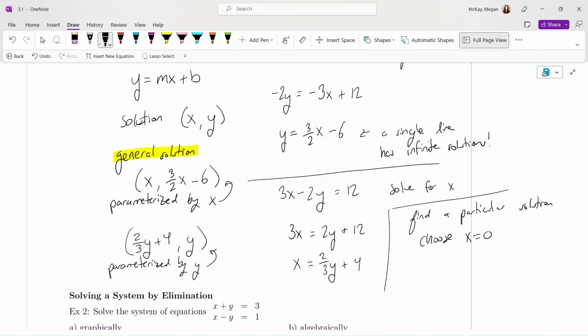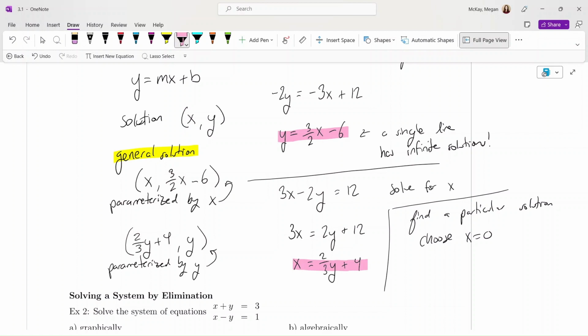If x is equal to 0, we need to find the proper y value that goes with that. So let's take either one of our general solutions. You can find this using either y is equal to 3/2 x minus 6 or x is equal to 2/3 y plus 4.